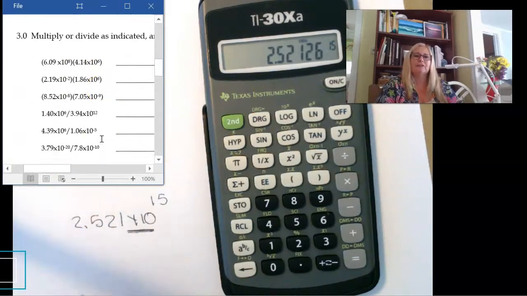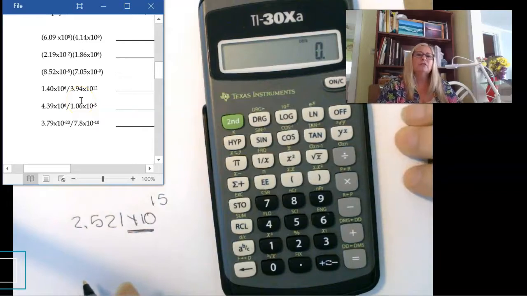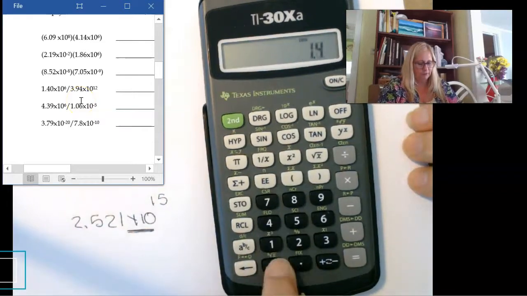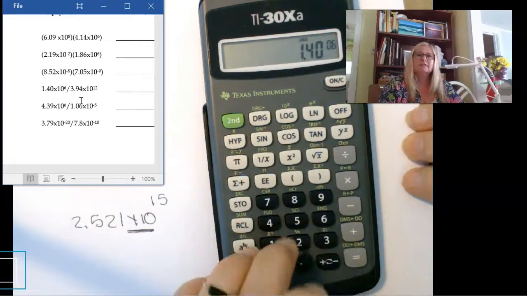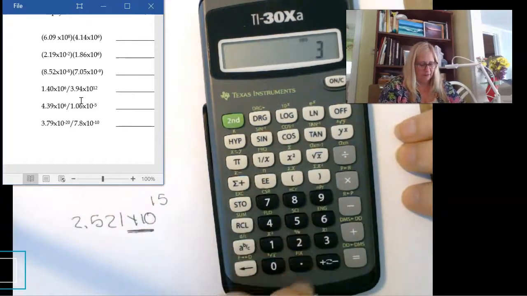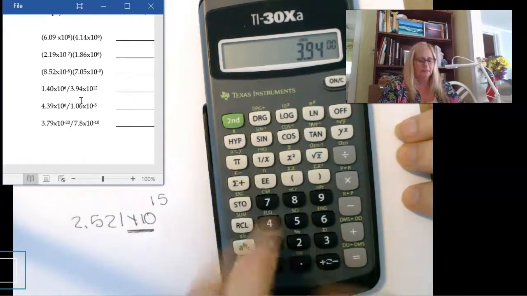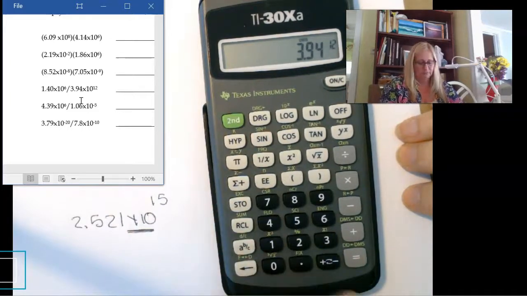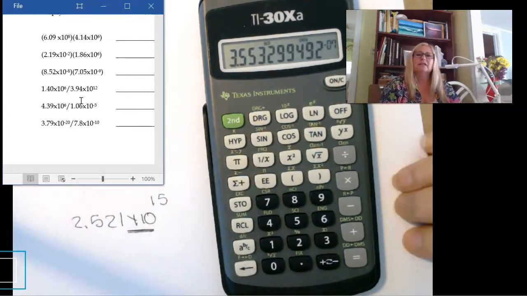Okay? Now I'll just go over one of the ones to divide. So if I do the first one, it's 1.40 EE6 divided by 3.94 EE12. And press equals. This is in decimal form, so I want to put in scientific notation form.